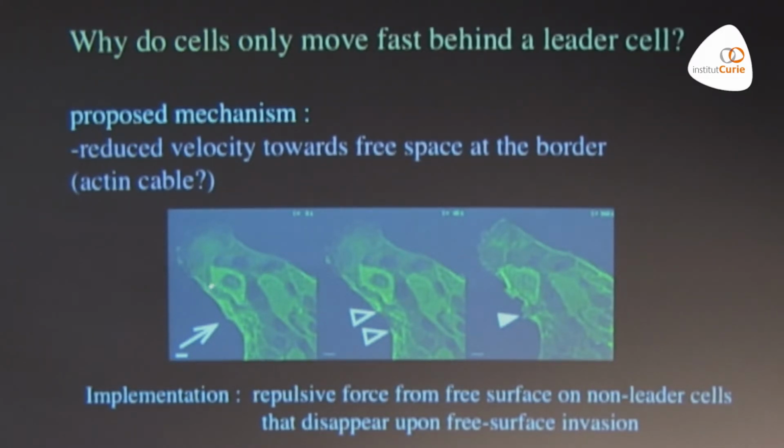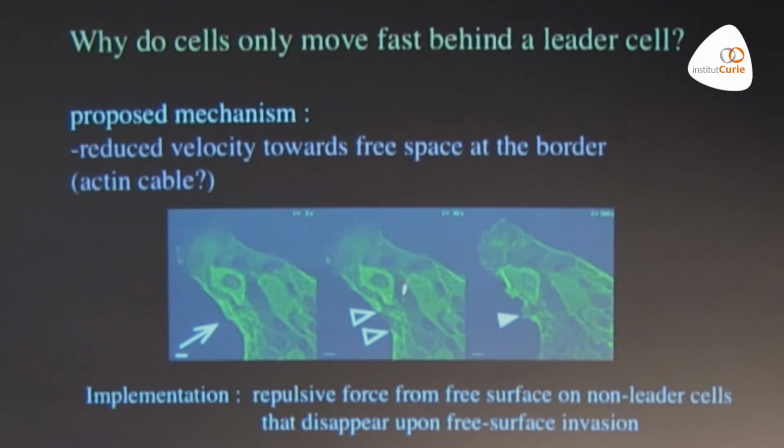And so the idea is that here we have the interface, there is an actin cable, and this may prevent the lamellipodium of this cell from developing in this axis, so that they would have difficulty in moving in this way.